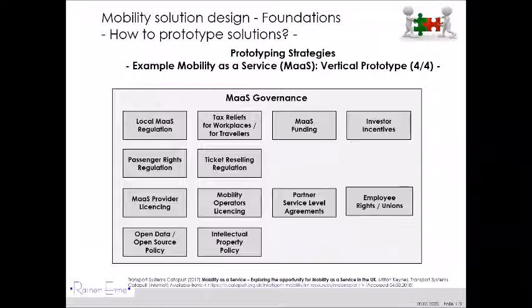And prototyping a MaaS solution could be done in this way, that you make a cut vertically through all the stakeholders and show the most important features certain stakeholders have to provide in order to make the whole system function.